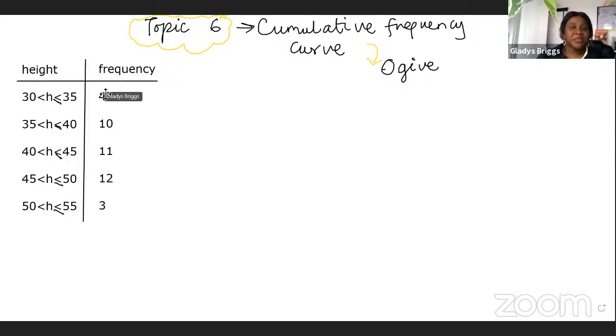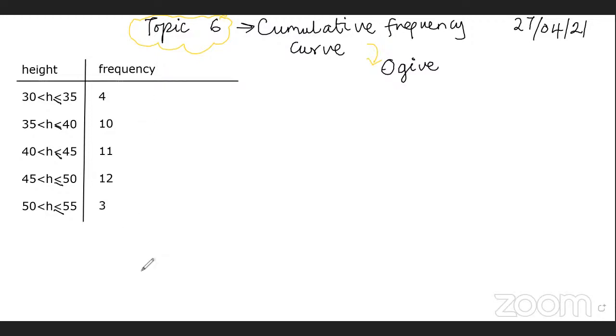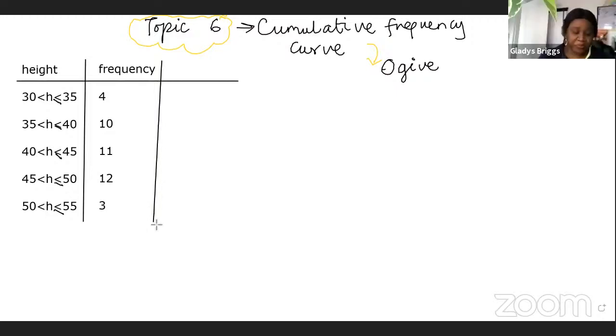Okay, so the first thing that you want to do here is extend this table to include a column for cumulative frequency. Nope, that's different. This is cumulative frequency.